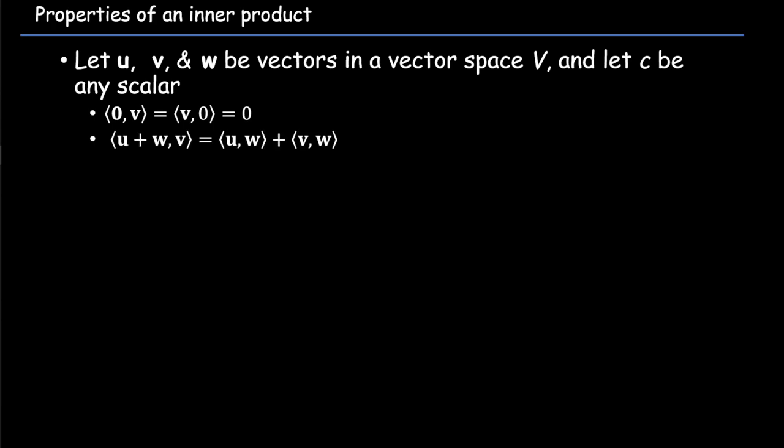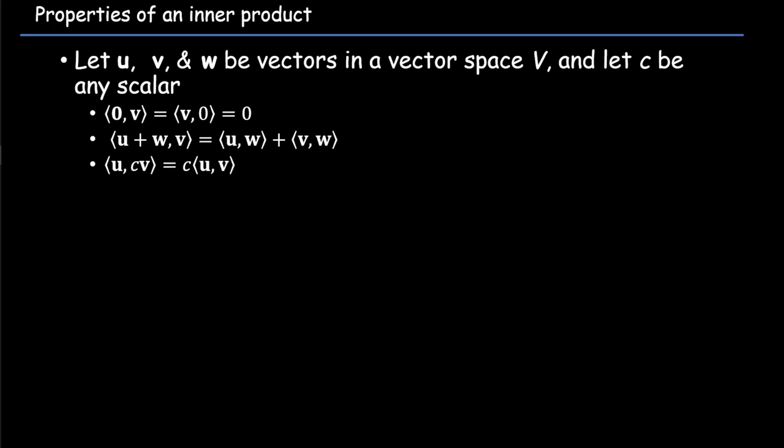The second one is pretty much the same as the second axiom: the inner product of u plus w comma v is the same as the inner product of u comma v plus the inner product of w comma v. The last one is the scalar property: the inner product of u comma cv is the same as the scalar c multiplied by the inner product of u comma v.